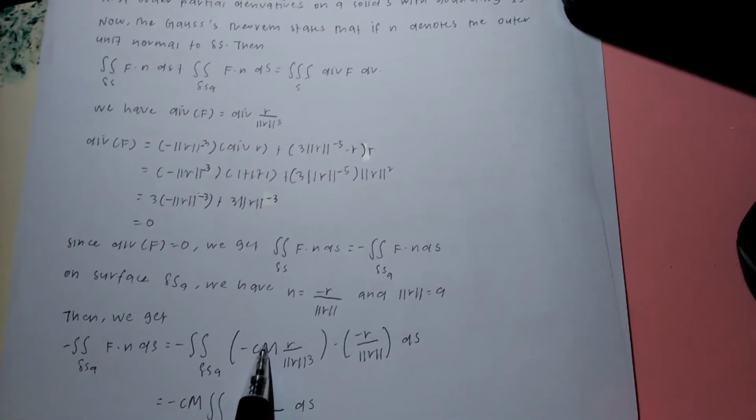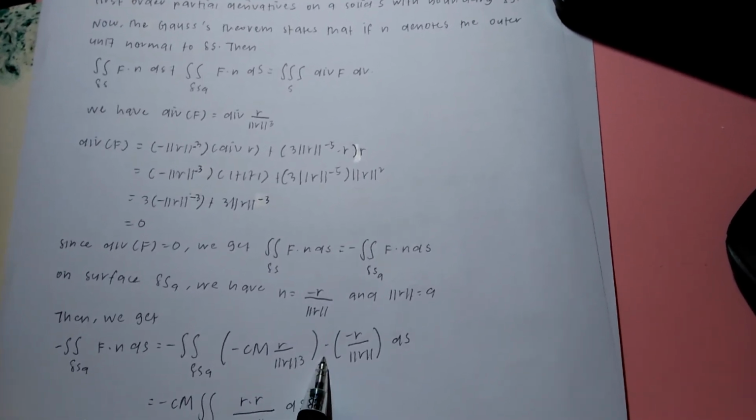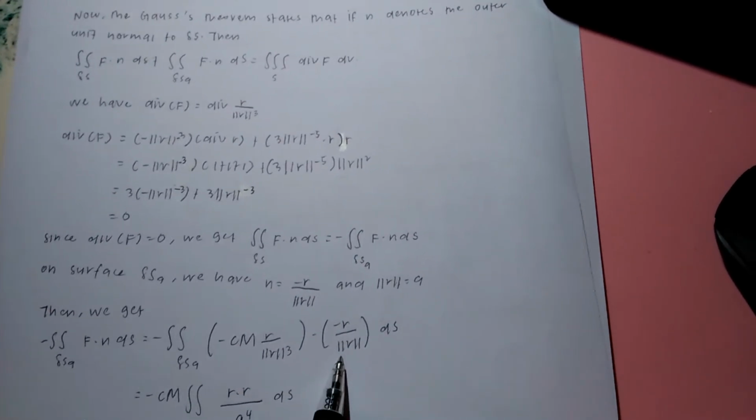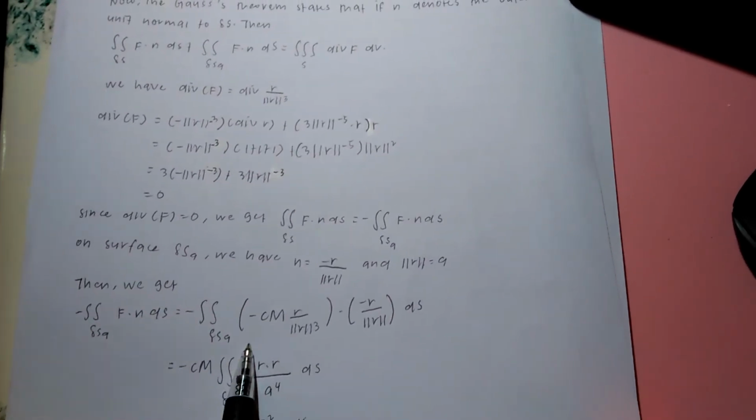minus cm r over magnitude r cubed times n, which is minus r over magnitude of r, ds in surface delta SA.